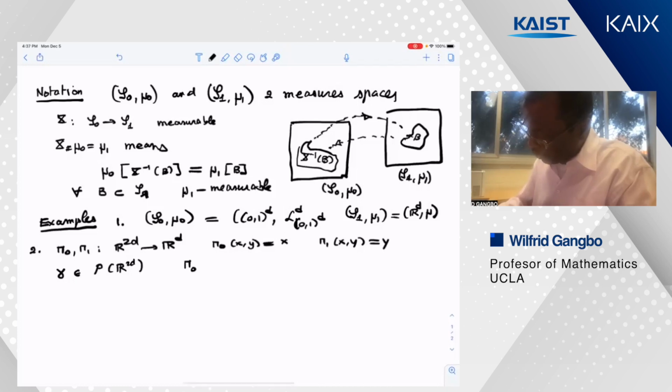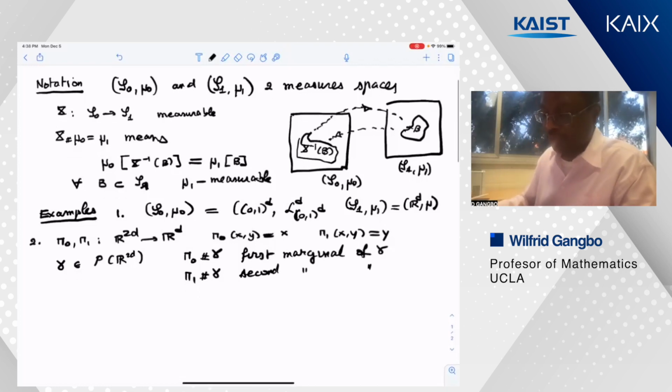Then when I use pi naught to push forward gamma, I call this the first marginal of gamma. And when I use pi 1 to push gamma forward, I call this the second marginal of gamma.